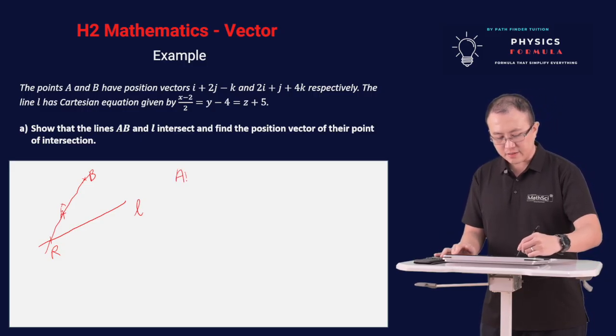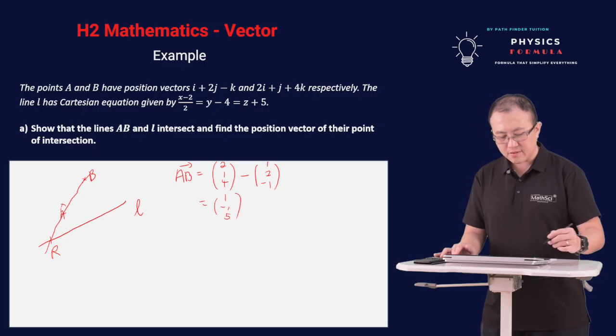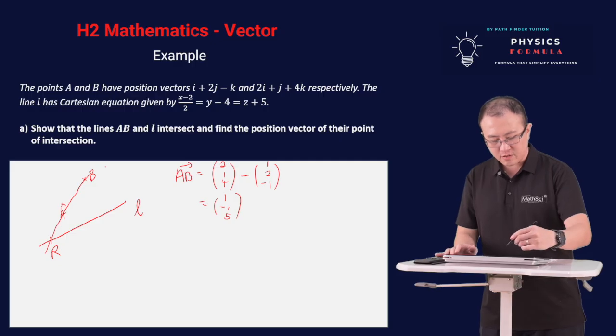So we find the displacement vector AB equals to, OB is 2i plus j plus 4k, so this is 2, 1, 4. Then our OA will be 1, 2, minus 1. So this will give you 1, minus 1, 5. This is my AB.